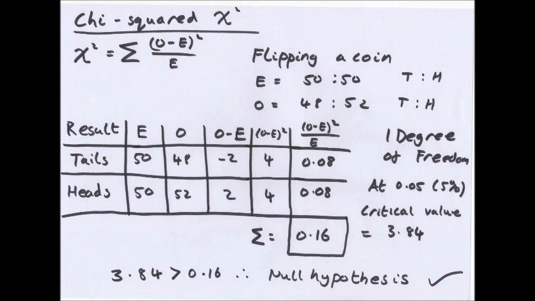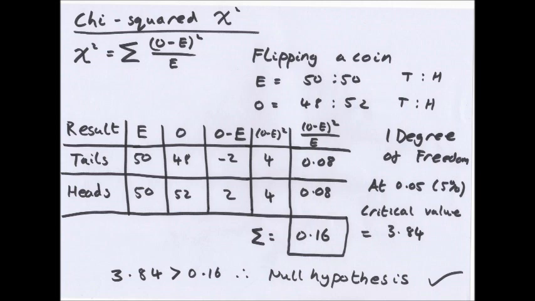Before I go into numbers, degrees of freedom: what does that mean? The degrees of freedom is the number of outcomes minus 1. In this case, tails and heads are the two outcomes, so 1 degree of freedom. If you had, for example, in epistasis, where you're looking at chi-squared, 3 classes, colourless, yellow and red, then there are 2 degrees of freedom.